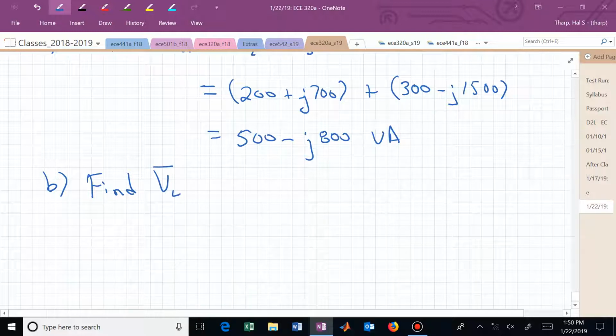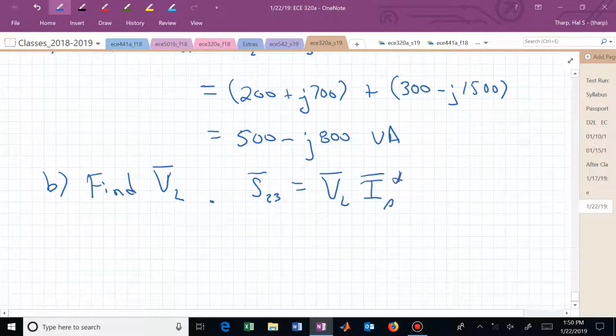the load voltage V sub L, the voltage dropped across that parallel combination of load 2 and load 3, where we're using now the complex power S23 is the voltage times the complex conjugate of the current.